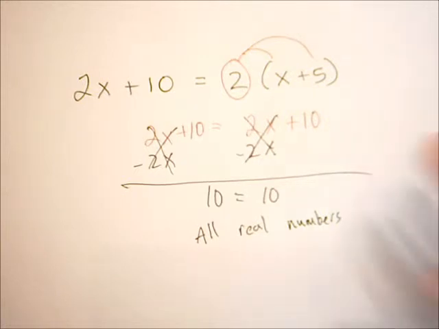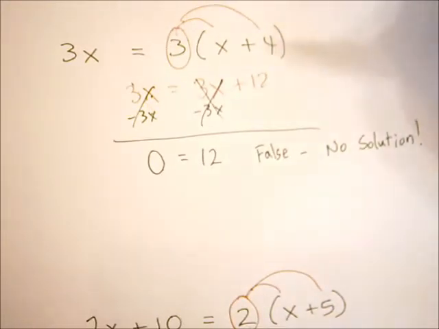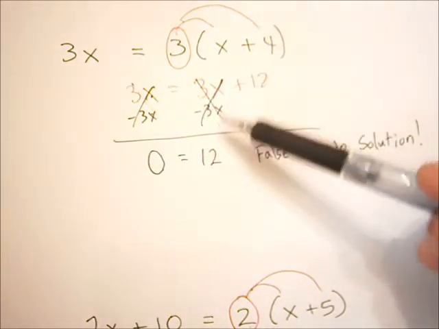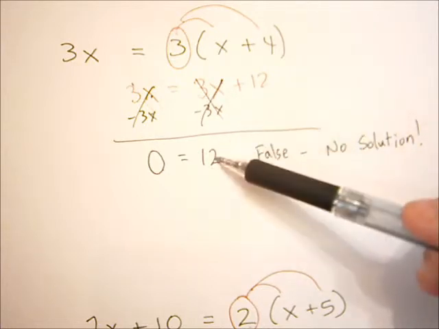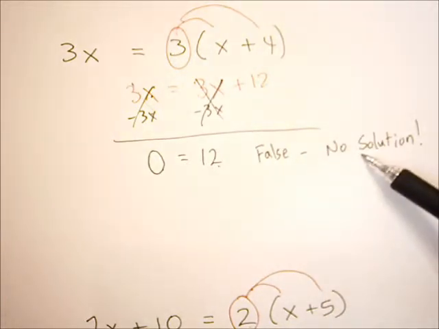I'm going to come back up here to the no solution so we can kind of compare both of them. In this no solution, when we distributed and we try to get x by itself, again, the x is canceled, which kind of puts up a red flag. Something kind of weird is happening. But we get something that is false. 0 is never equal to 12. That is no solution.